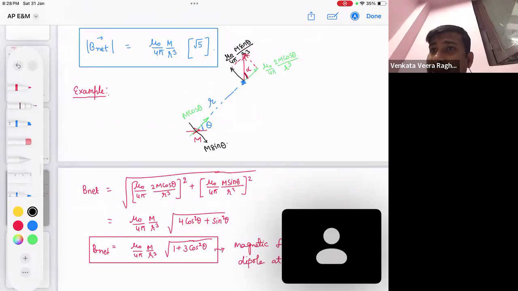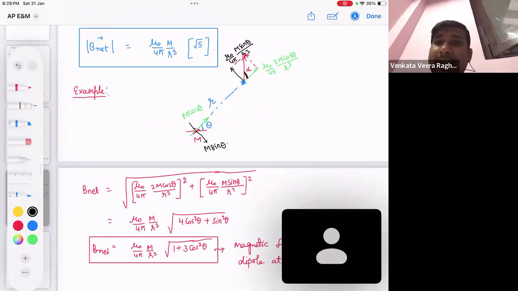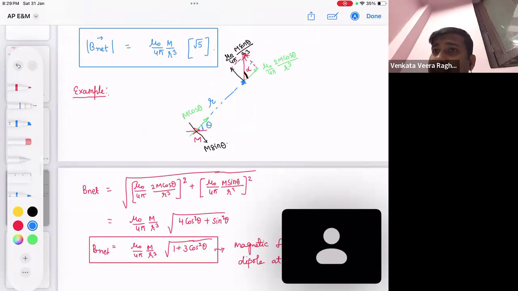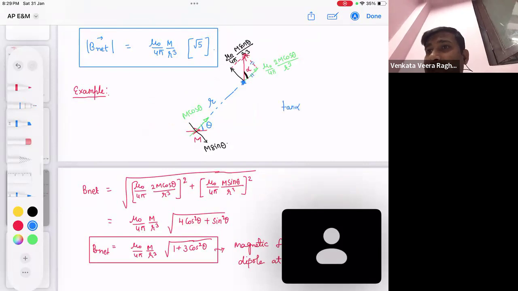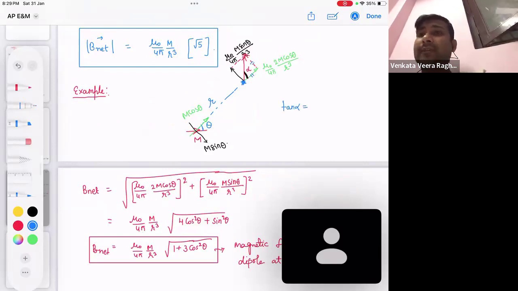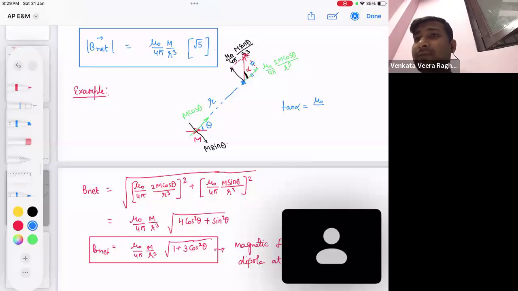If I want to calculate this angle alpha, can I say that this angle alpha is made by this red component and this green component? So if you calculate tan alpha, how much will it come? The red component is mu naught by 4 pi m sin theta by r cube.